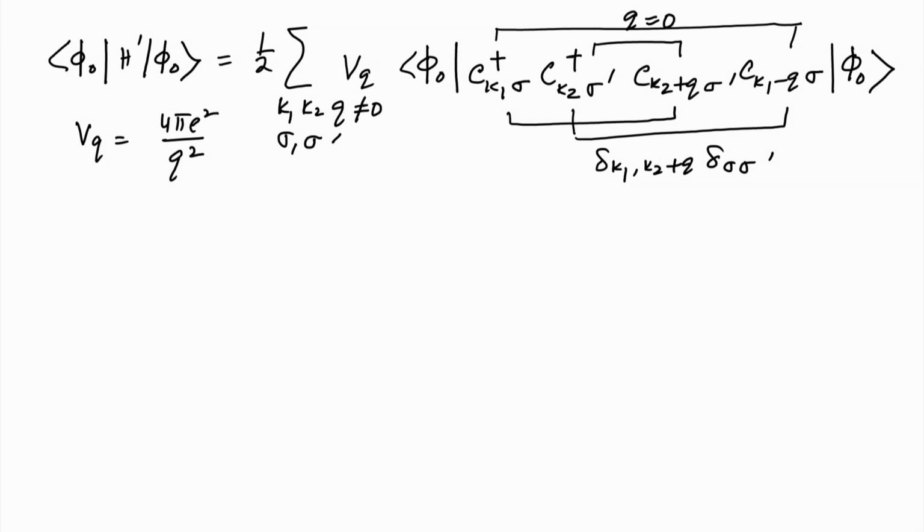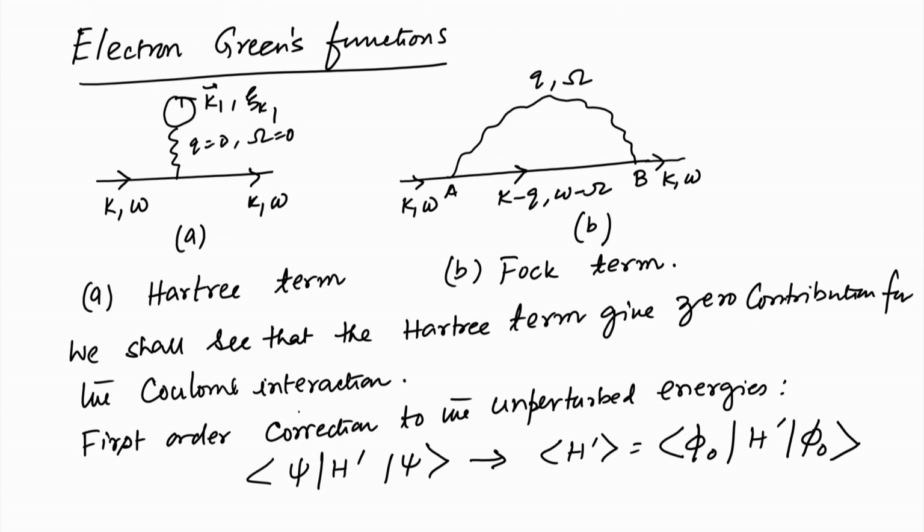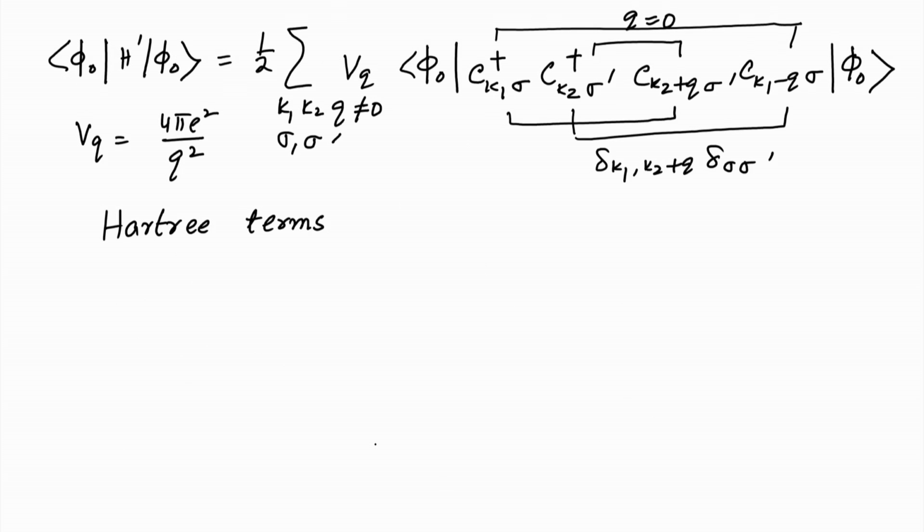So, this is one nice piece of information. Every piece of information in this regard is useful, because we had to calculate a large number of diagrams. So, we are trying to reduce them by using symmetries as much as possible. Now, there are two such Hartree terms, if you remember, one with a k1 and the other with a k2, and both will not contribute.